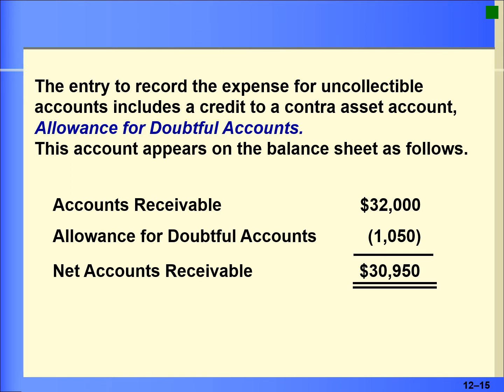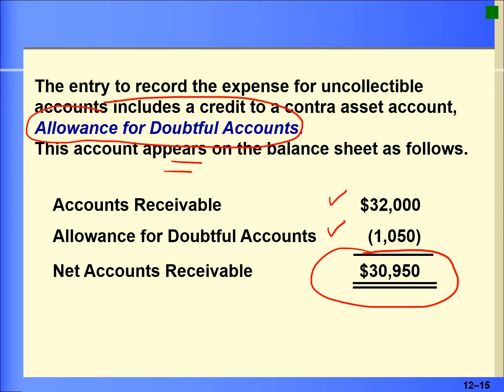Okay, so to talk about this allowance for uncollectible accounts or allowance for doubtful accounts, I already told you this is a contra asset, and the way it appears in the balance sheet is as follows. Now, this is a different number from the previous slide, so I don't want you to get confused by that, but let's assume that our allowance account has $1,050 in it, okay? What you do is you take the accounts receivable, you subtract out the allowance account to get what's called your net receivable.